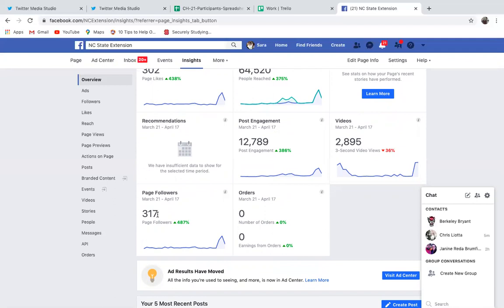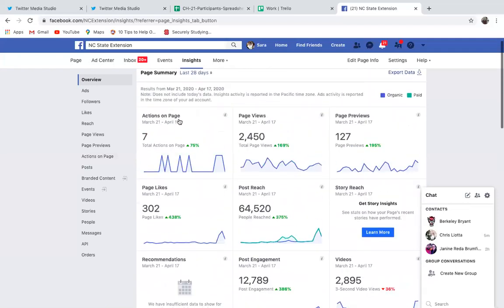And sometimes, followers can kind of be seen as like a vanity metric in that it's not the most important thing to really look at when compared to engagement, because if you have a lot of followers but you don't have people liking, commenting, and sharing your content, then it's kind of just like a vanity in that, oh, it's great you have all these followers, but they're not really engaging with your content. But it's still good to make sure that you're increasing your followers from month to month. So that's your overview page.